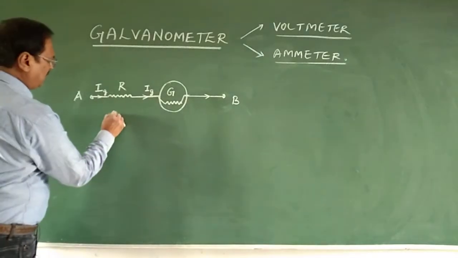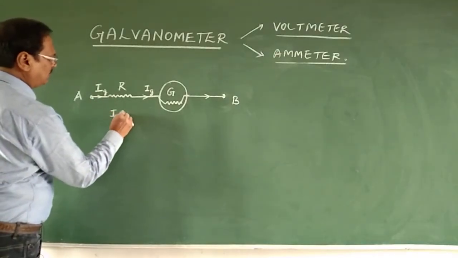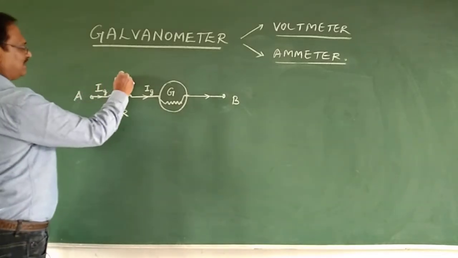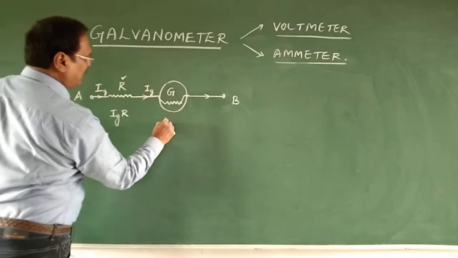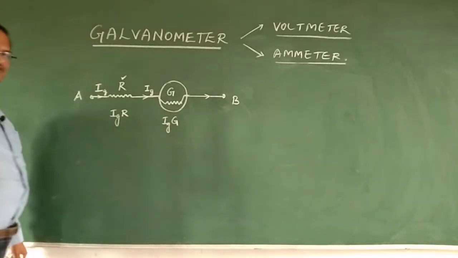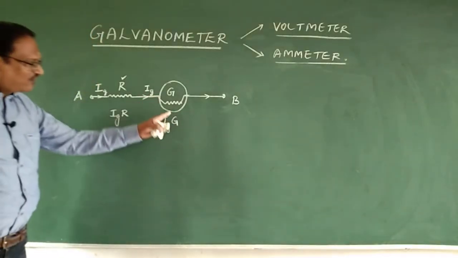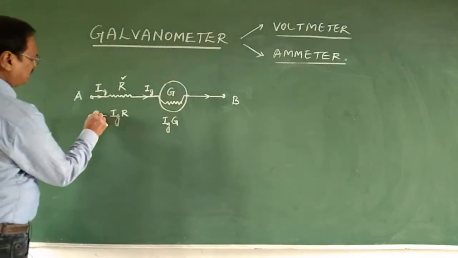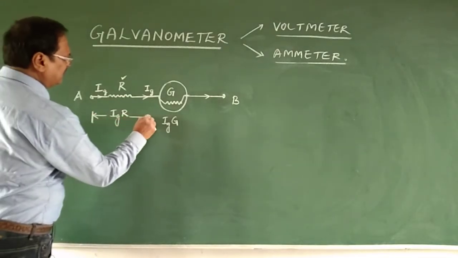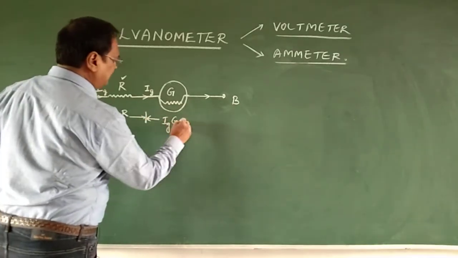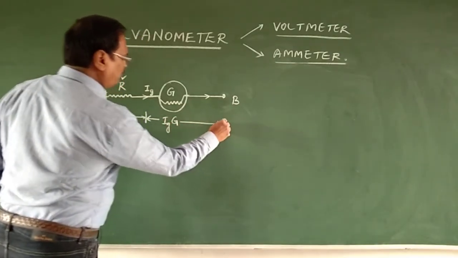Now IgR is the potential difference across the resistance R. Similarly, IgG is the potential difference across the galvanometer. So the potential is getting divided into two parts.